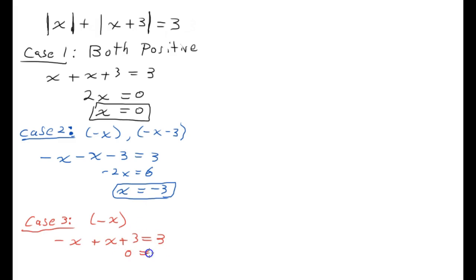And what we get is 0 equals 0. That gives us all real numbers as a solution to this particular equation, this part of our solution. Now our final solution will not be all real numbers, but this is an important piece to this puzzle when we're trying to find the overall solution to this original equation.